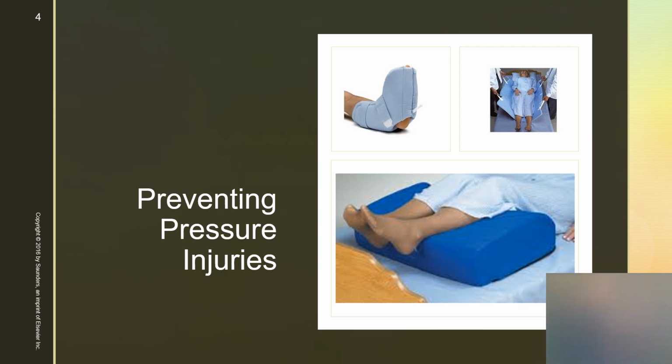Special surfaces for the bed or chair can also help reduce pressure, such as egg crate foam mattresses that need to be a minimum of 2 inches thick. Static air mattresses, alternating air mattresses, gel cushions, fluidized air, or water mattresses can also help. Sheepskin boots can help prevent shearing forces to the feet, and pillows or other devices can also prevent heel pressure.